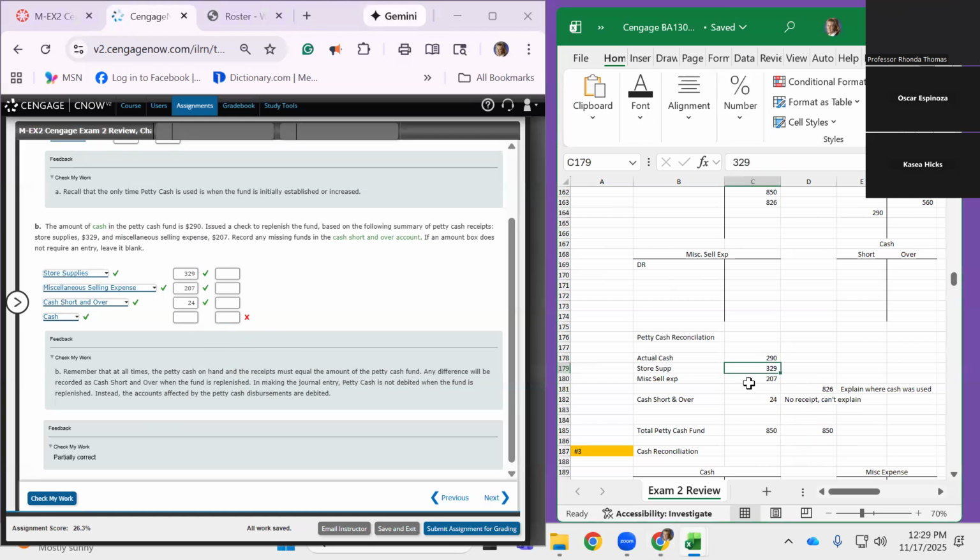So the amount that we're going to get the check written for is actually, here's what it is. We can explain the actual cash plus these, because they have receipts. But the amount that you need to put back is the receipts that you have plus that short.